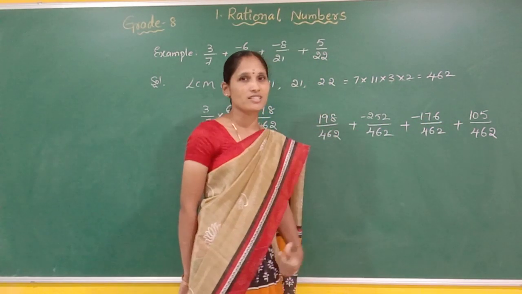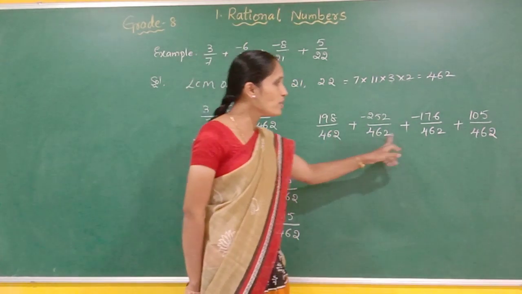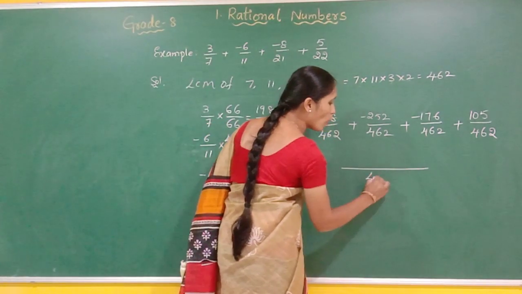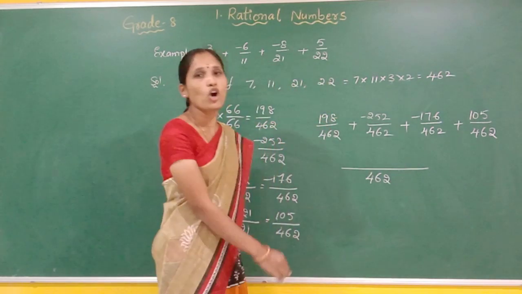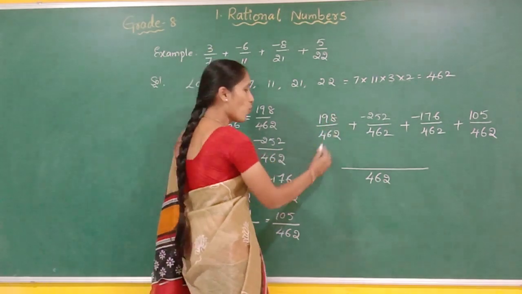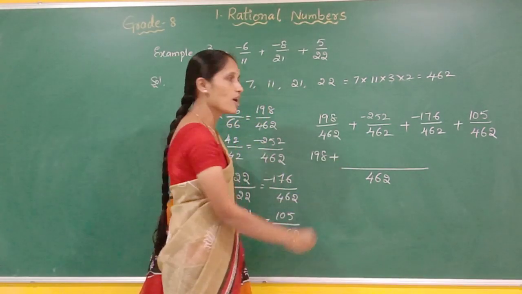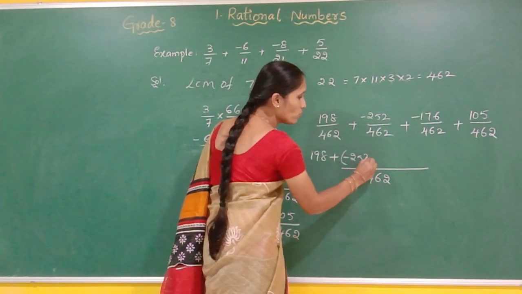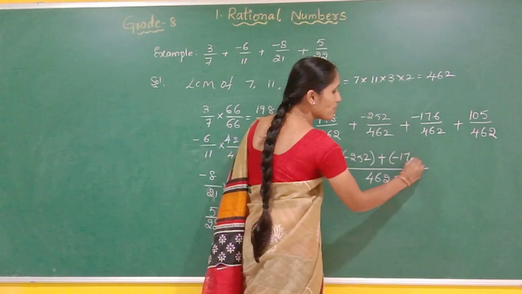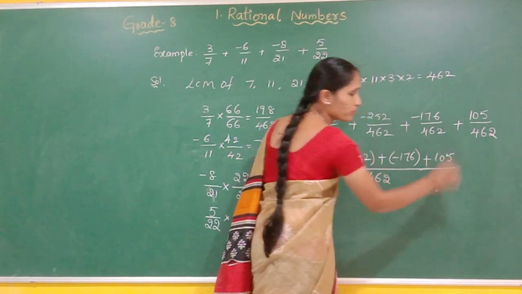Now observe the denominators. Yes, all the denominators are equal. Then how to add? Write the common denominator and then add the numerators. What are the numerators here? 198 plus of minus 252 plus of minus 176 plus of 105.